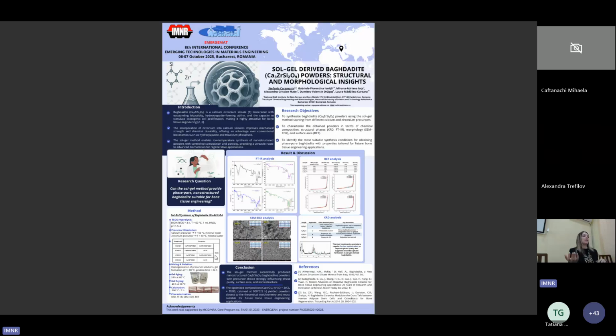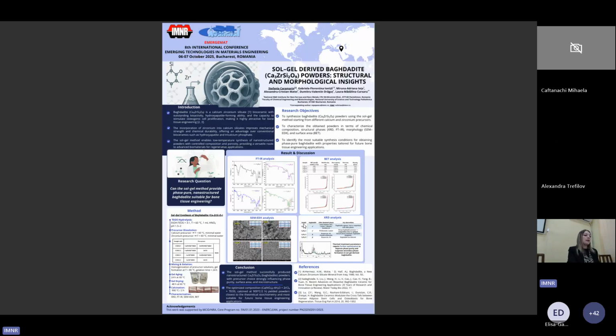We used the nitrates or chlorides, and tetraethyl orthosilicate as silicon precursor. We did this combination, calcium nitrate and zirconium chloride, or both nitrates, both chlorides. And all these four powders we analyzed by FTIR, BET, SEM, and XRD.